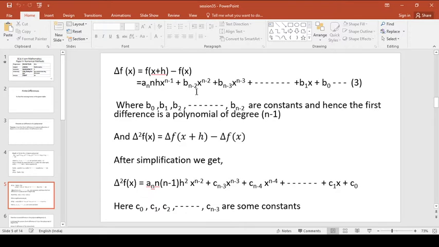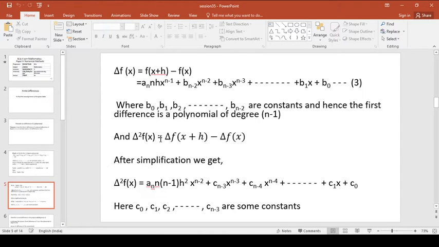By observing this we come to know that it is a polynomial of degree n minus 1. So the observation is that the first forward difference of f of x is a polynomial of degree n minus 1.